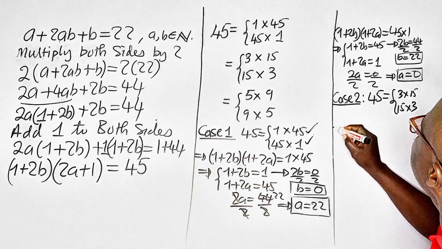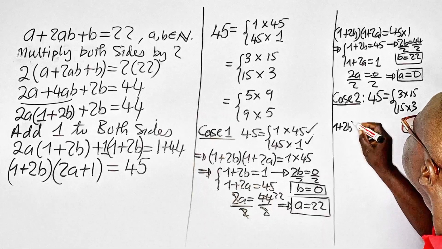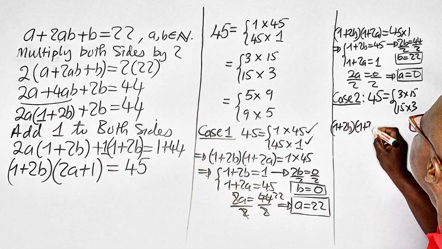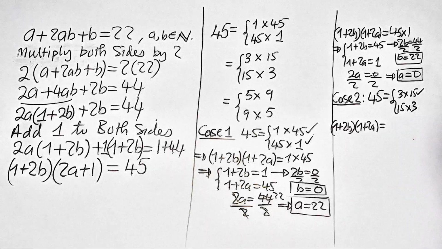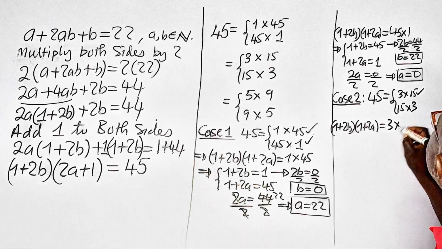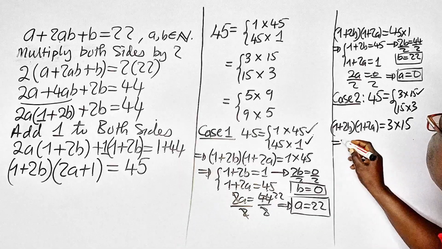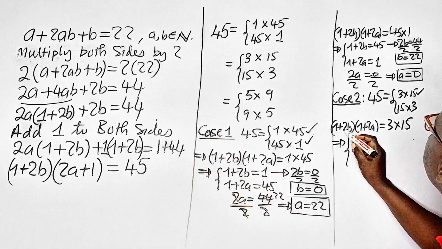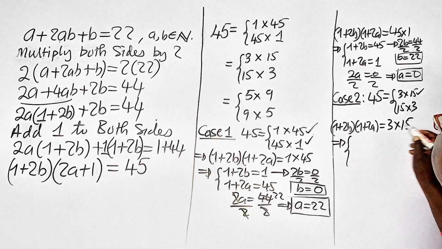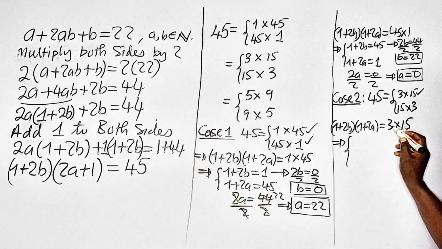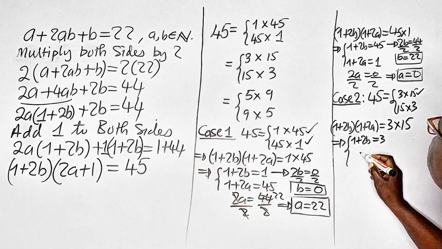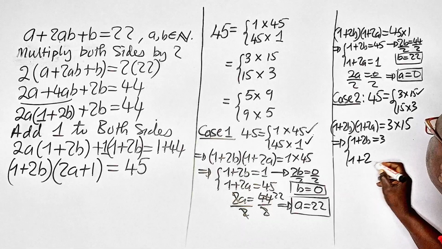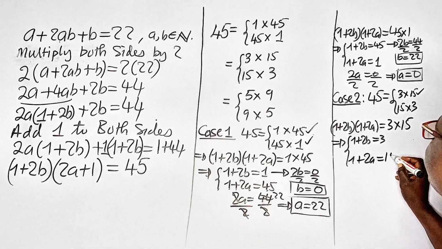So again, it's the same product. 1 plus 2b into 1 plus 2a is equal to, let's take the first situation in case 2, 3 times 15. Now this can help us form two equations. If this product gives us this product, then we can say 1 plus 2b is equal to 3 and 1 plus 2a is equal to 15.